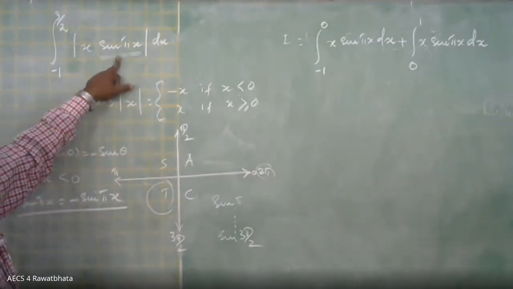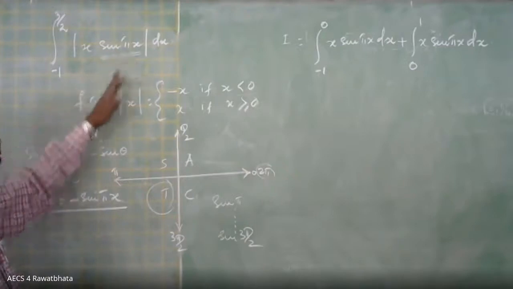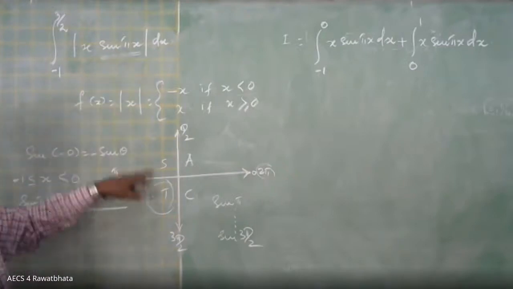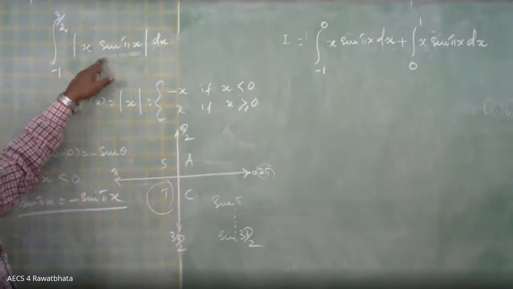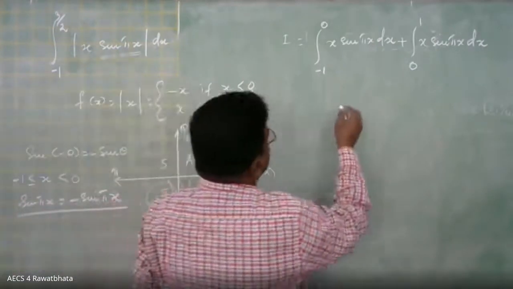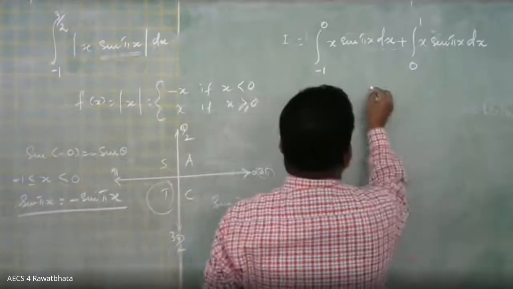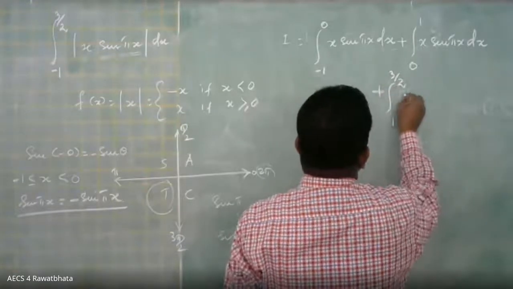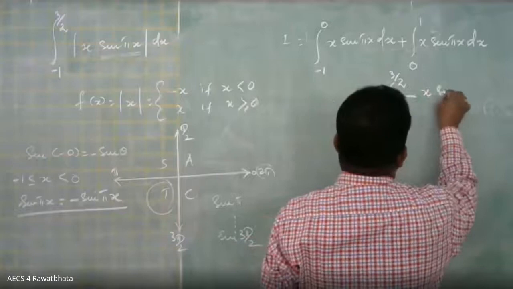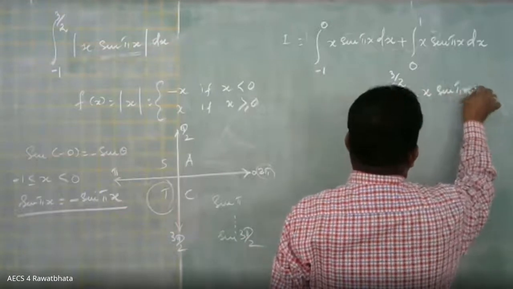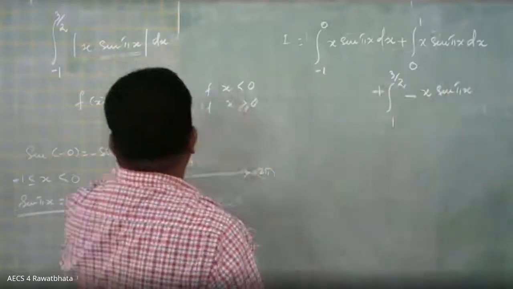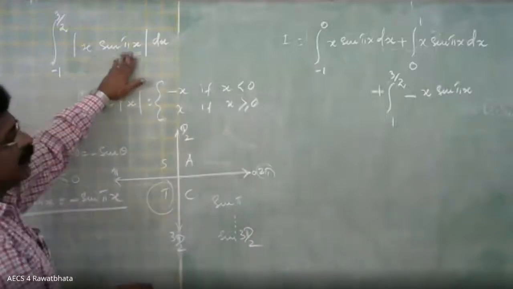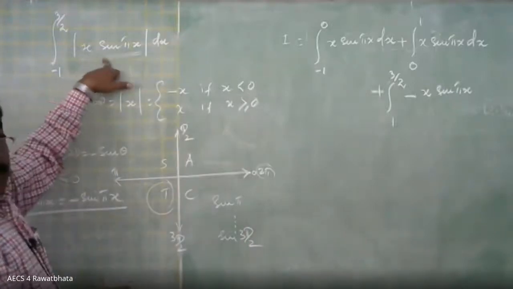Sine pi x is negative, and x is positive, so positive into negative is negative. So plus integral from 1 to 3 by 2 of minus x sine pi x, then only that value will be positive. Got it, all of you?